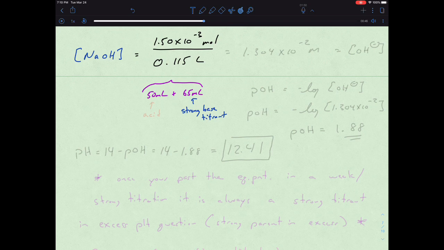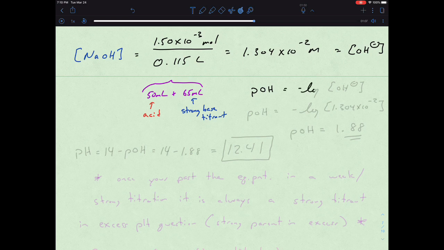So now we're at 115 milliliters or 0.115 liters. And that gives us a concentration of 1.304 times 10 to the negative second molar. And that is really our hydroxide concentration.